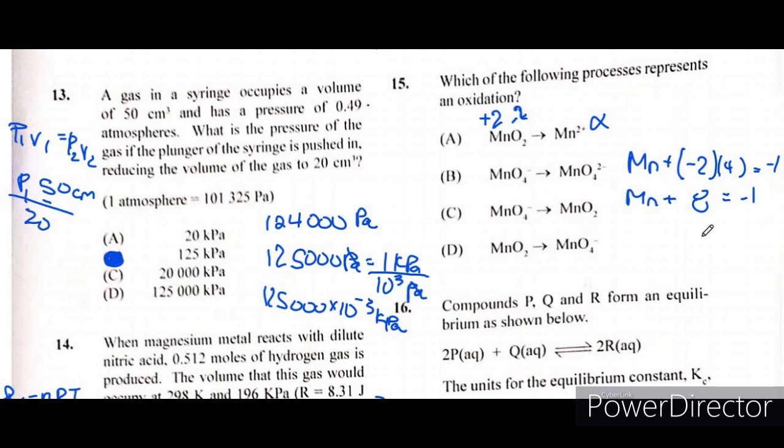Mn is equal to -1 plus 8, which would give us +7. So in this compound, Mn is +7. And let's clear this so we can work out the other one. Oh my god.